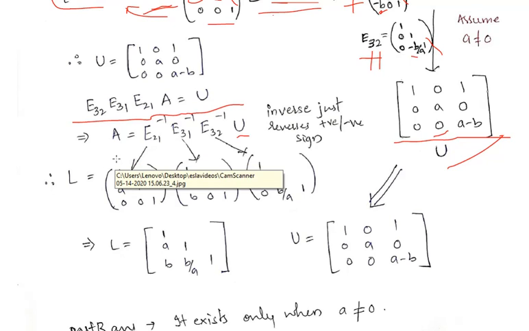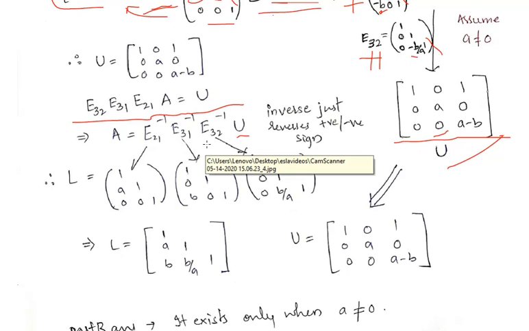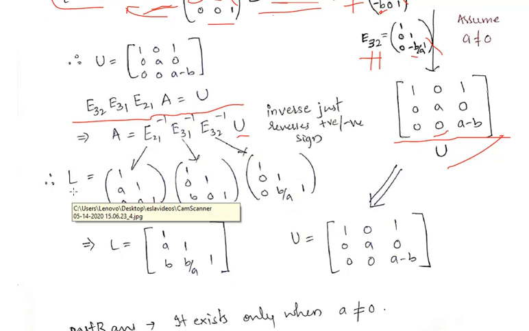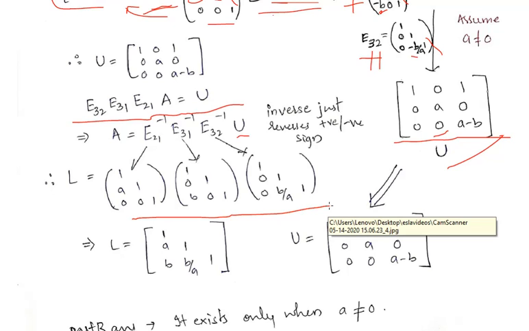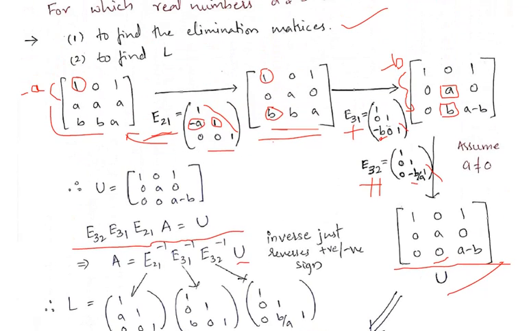So how to find out L now? It is E21 inverse, E31 inverse, E32 inverse, into U. So L is the multiplication of these three matrices. We have found out E21, E31, E32. These values have 1, minus a, and here minus b, and here it is minus b by a.